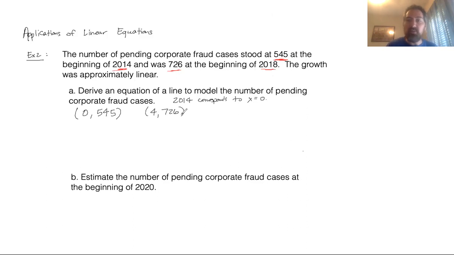All right, so we've got 2 points, and that's all we're given, right? But drawing those 2 points out of the problem allows us to proceed with finding the equation of a line, right?